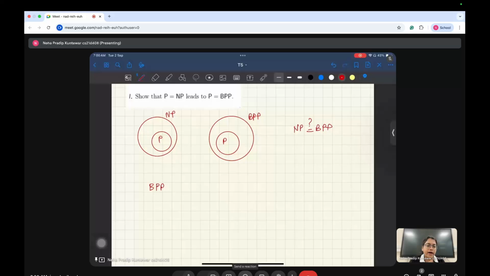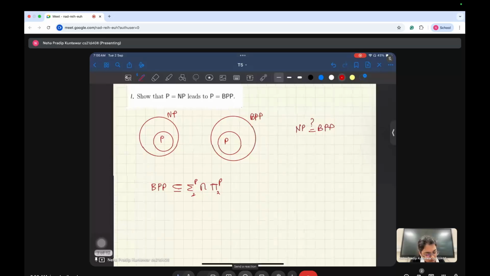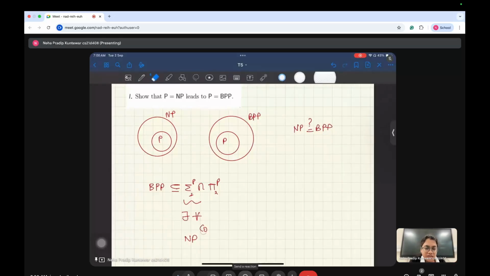And notice what sigma 2P is. Sigma 2 is essentially a there exist, for all statement, or you can think of it as NP to the NP. It's the set of all languages that have a non-deterministic machine that runs in polynomial time, given access to the SAT problem.